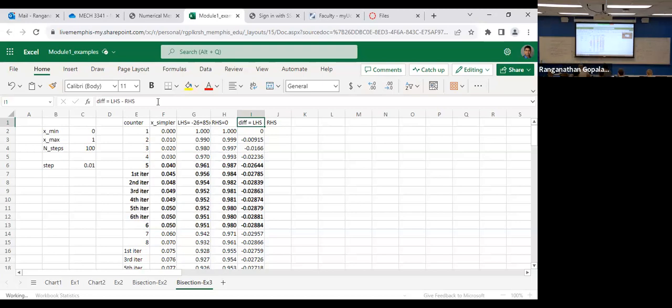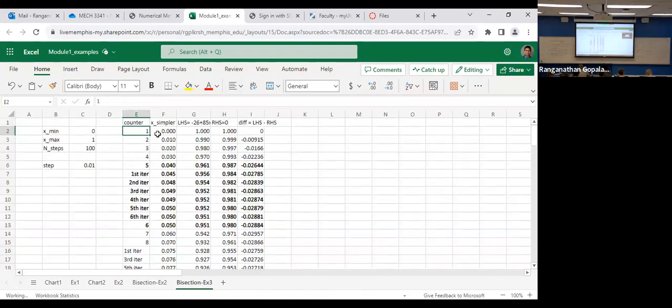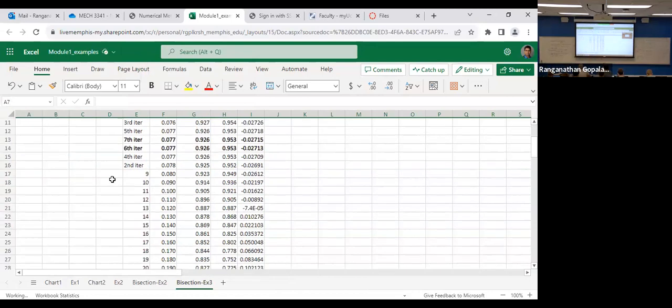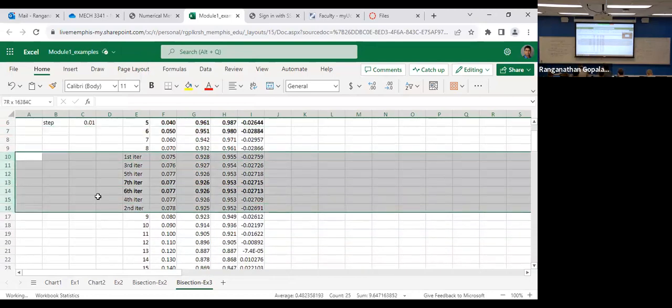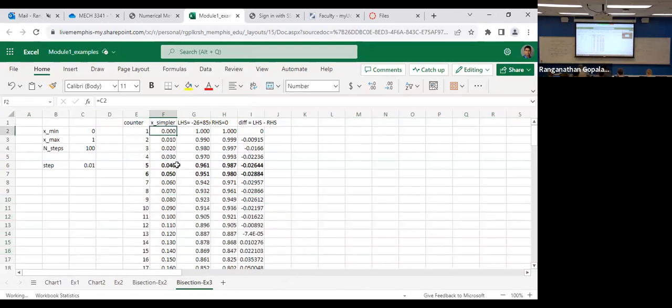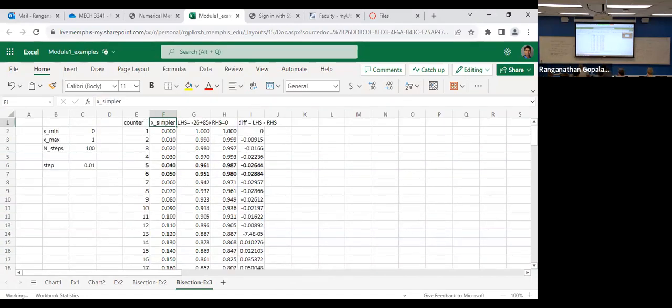All right, good. So I have my x from 0 to 1. Of course, I added some iterations which I don't need now. I'm going to delete those. So I have x starting at 0 and then going all the way to 1, in steps of 0.01. You're with me so far?